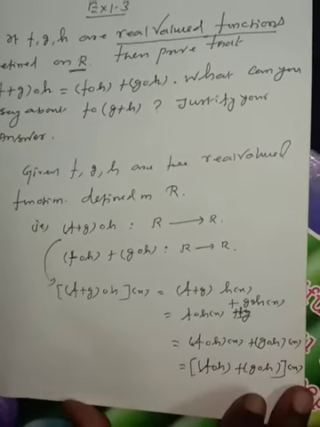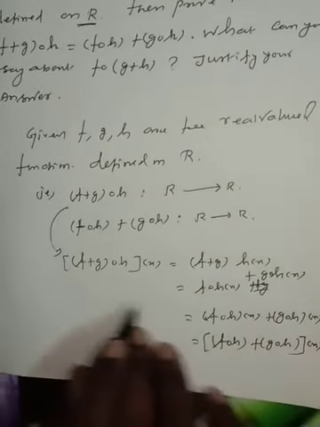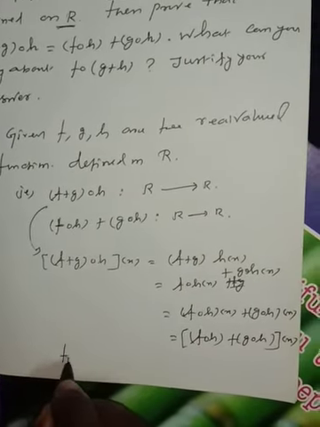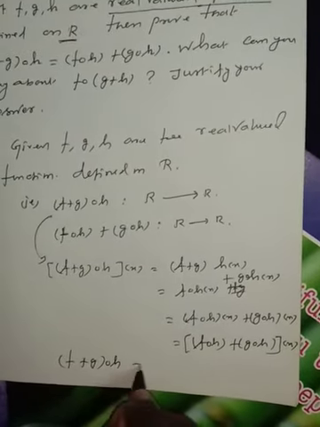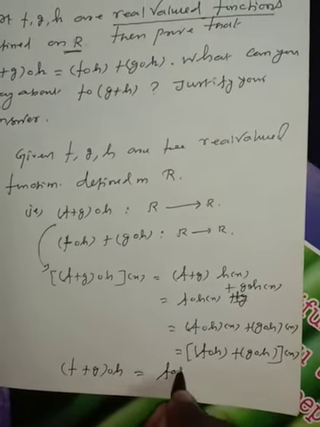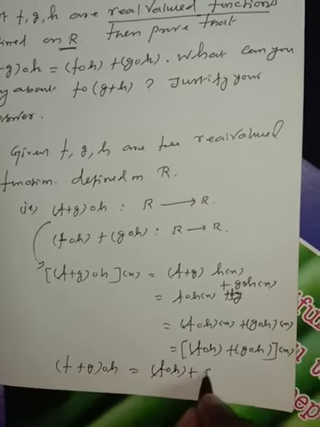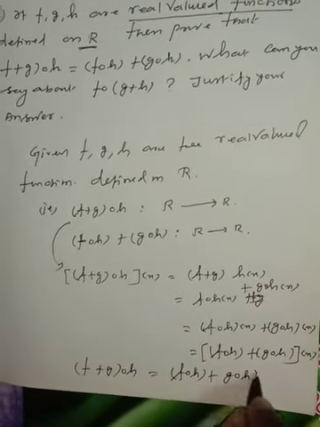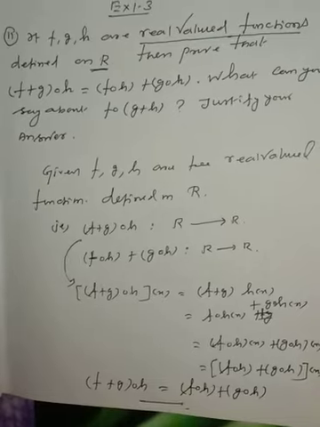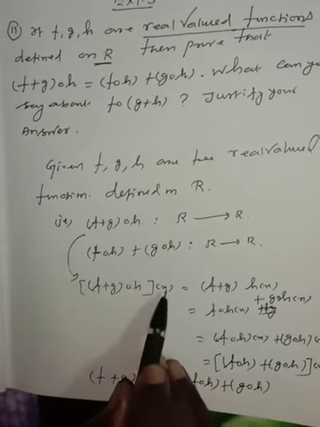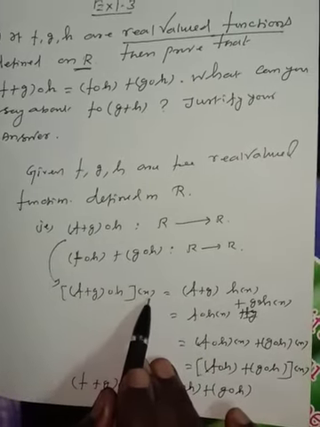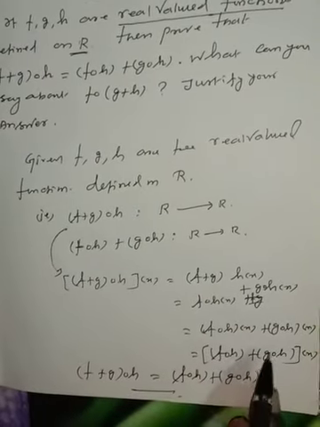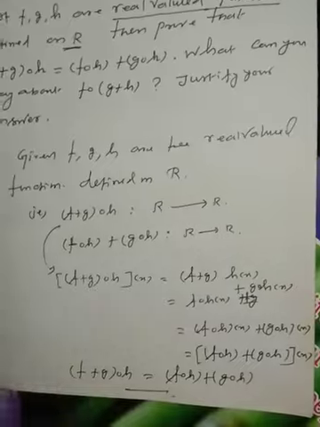This x is in the real number set. So (f plus g) of h is equal to f of h plus g of h, operating upon x: first h of x, then distribute, then take common.